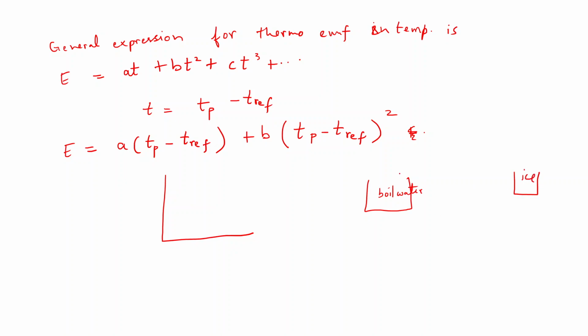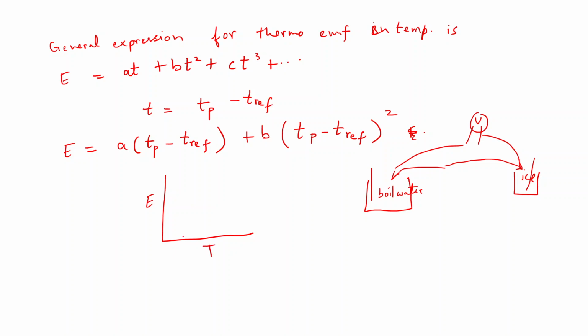So one end of the thermocouple he kept here, another end he kept here, and then we were measuring voltage, right? There was a thermometer here and a thermometer here. So the temperature difference we know, and the voltage we could measure from here, thus we know the voltage difference.